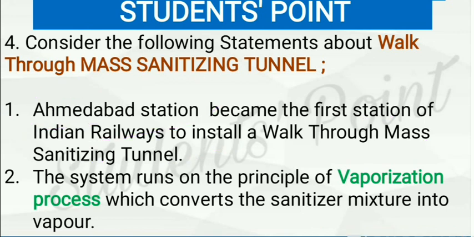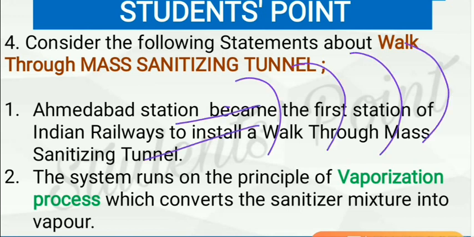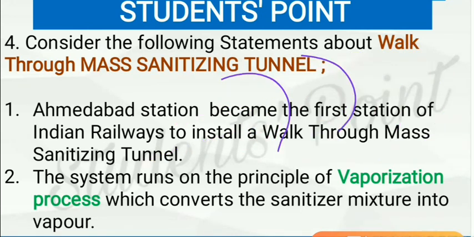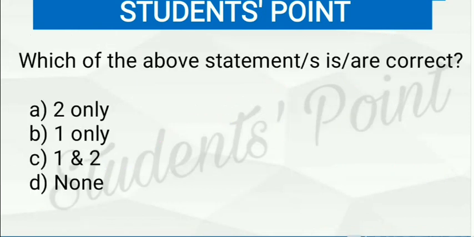And the system runs on principle of vaporizing process, which converts sanitizer mixture into vapor. This is also correct. So it will basically be a tunnel through which personnel will pass and their body will be sprayed with vapor sanitizer. This will eliminate all the viruses on their body parts. So here both these statements are correct. So C is the right answer.